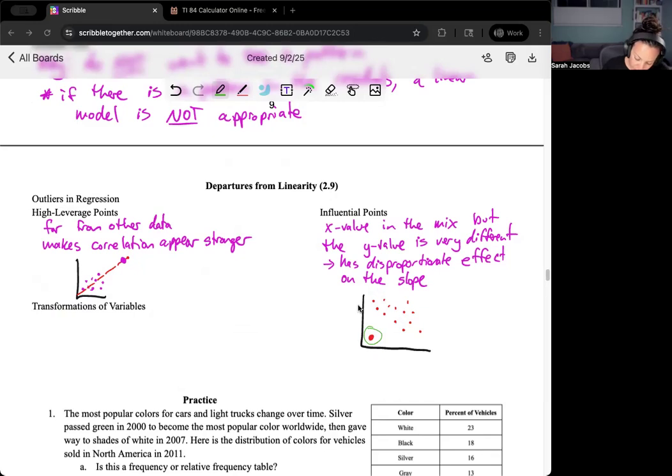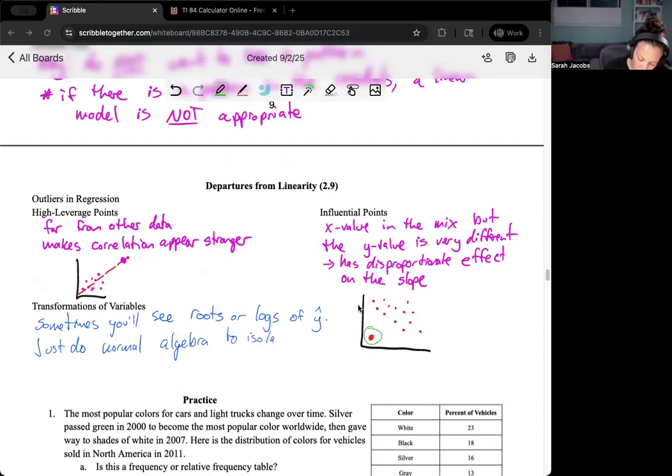Okay, for transformations of variables, last bit here. Sometimes you'll see roots or logs of y hat, of the predicted value. Just do normal algebra to isolate y hat if you want the predicted value.